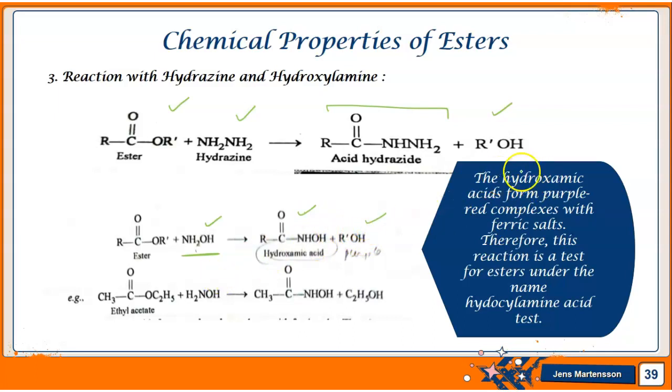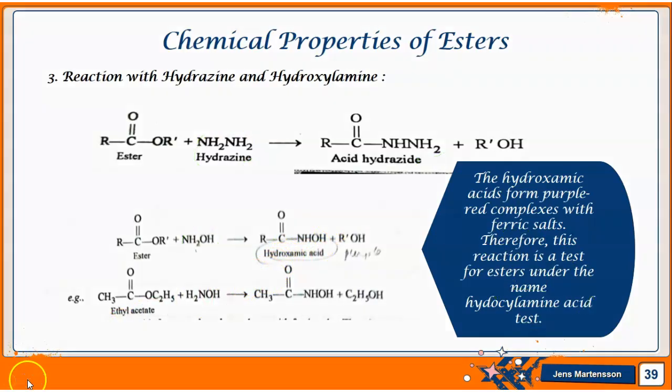Hydroxamic acid forms purple red complexes with ferric salt. Therefore, this reaction is actually a test for esters, and this is the hydroxylamine acid test. So over here you can see after reaction of your ester with hydrazine, it leads to the formation of acid hydrazide, and reaction with NH2OH leads to the formation of hydroxamic acid.